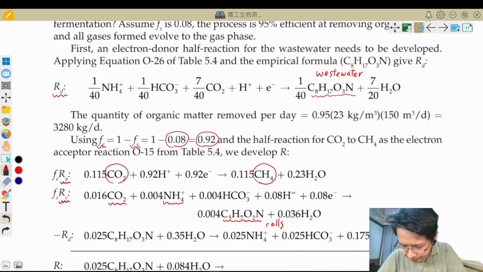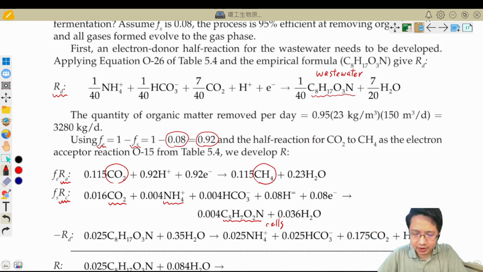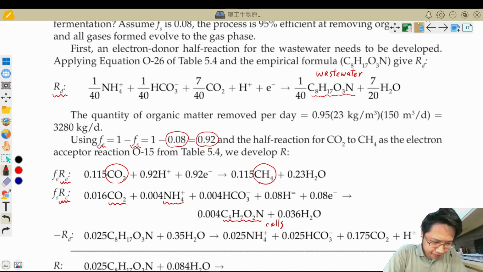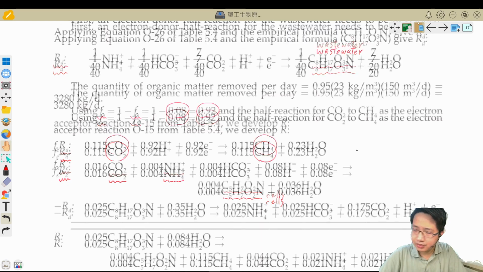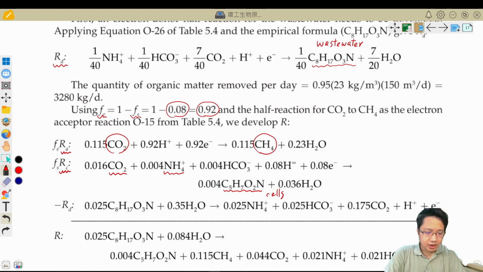So here we learn something about methanogenesis: they spend lots of the electrons to maintain their cell's energy, and only a very little amount of the electrons is used for cell synthesis. Okay, so to get the overall reaction here, we just put the Fe, Ra, and the Fs, Rc, together and subtract the Rd.